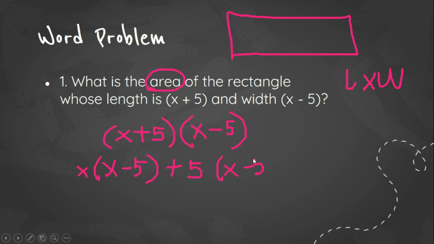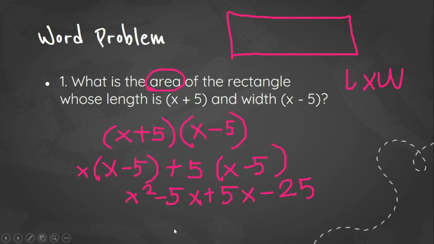So we have here x times x, that's x squared. X times negative 5, that's negative 5x. Positive 5 times x, that's positive 5x. And then 5 times negative 5, that's negative 25. Simplify: copy x squared.